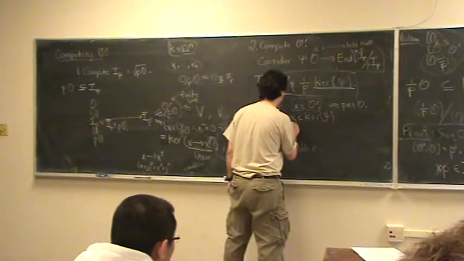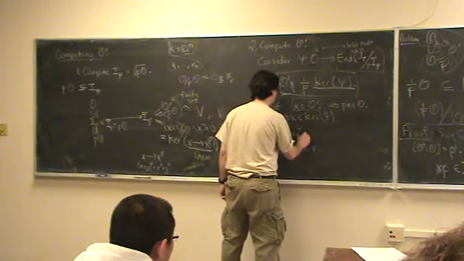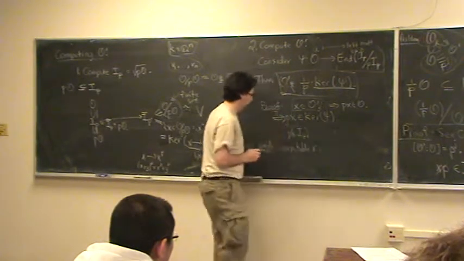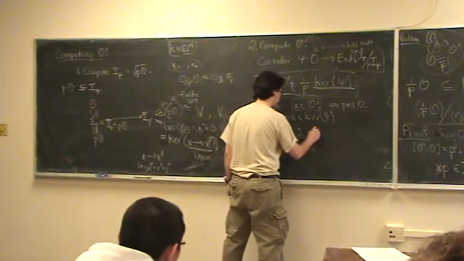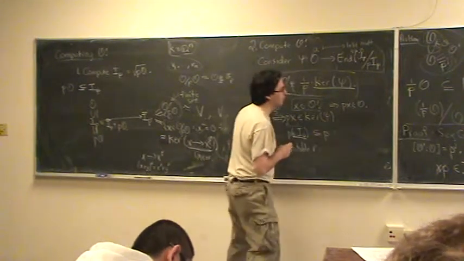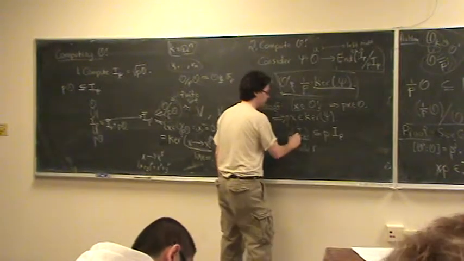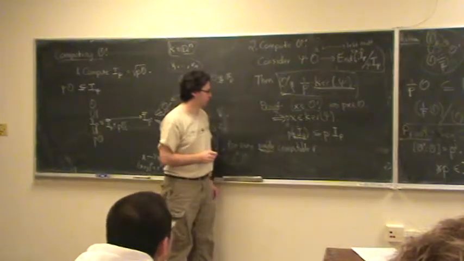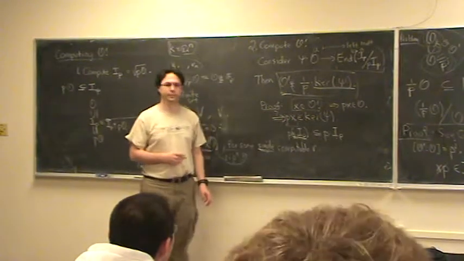So p times x times IP. Let's see what that does. Well, x already puts this into IP. This is certainly contained in p times IP, right? Because x times IP is contained in IP. But look, that's exactly the condition to be in the kernel of psi. Cool.